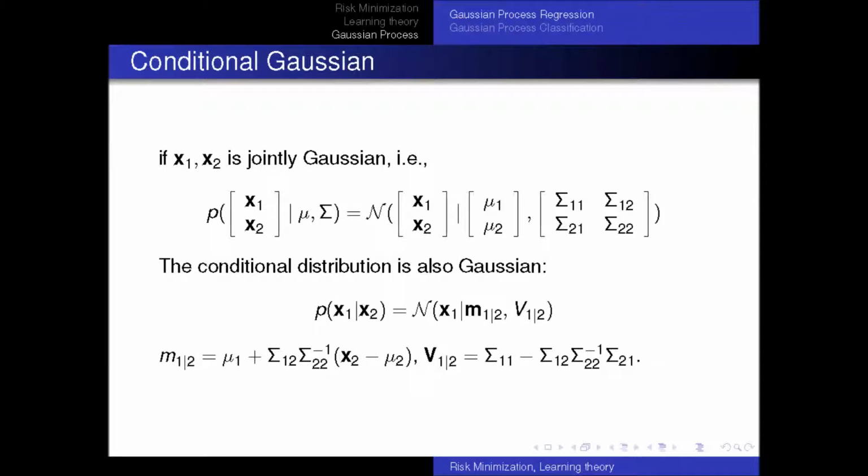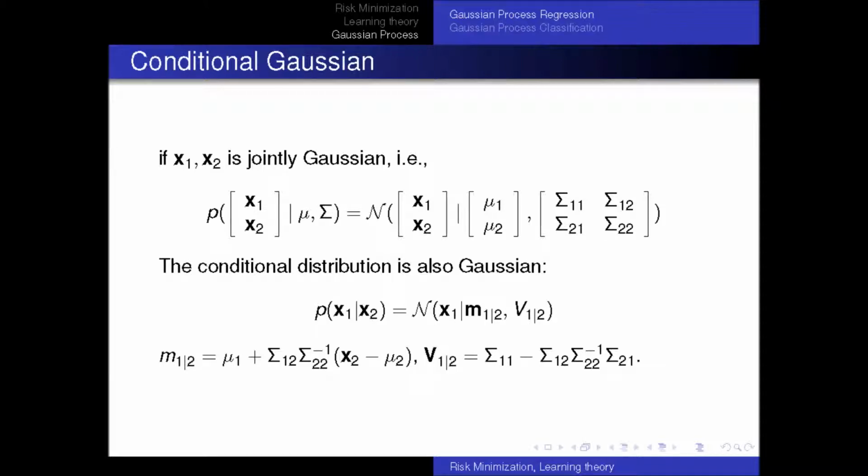The last part is about Gaussian process. Actually, Gaussian process is simple. If you consider the conditional Gaussian, x1 and x2 can be 2 vectors.